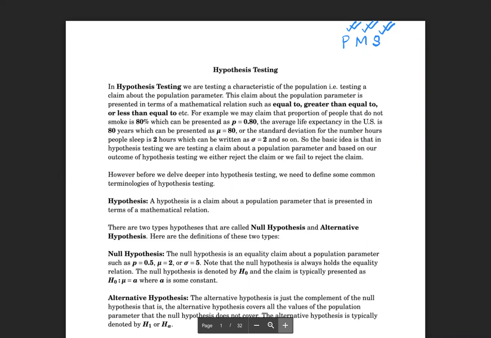And what is hypothesis testing? It is testing some characteristic or attribute or property of the population, or in layman's terms, testing something about the population. And remember one thing, please, you never test anything for the sample, okay?